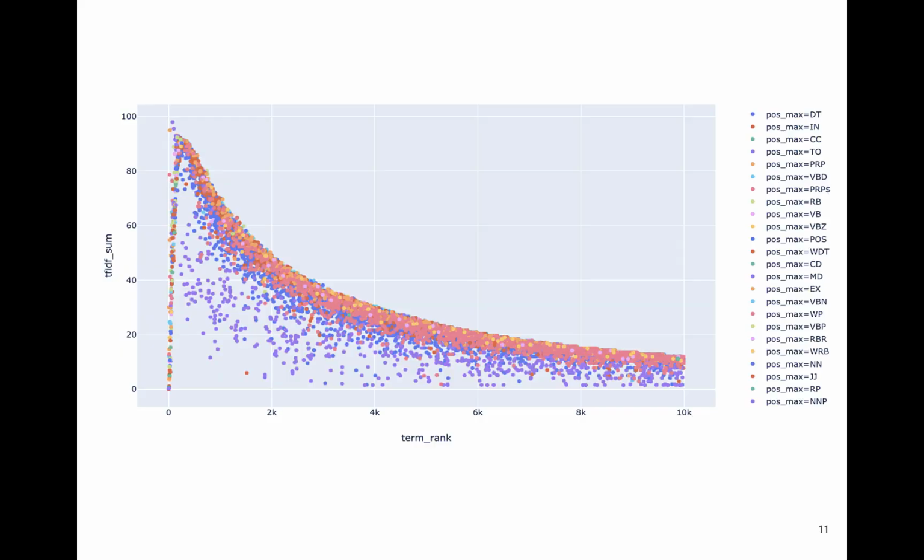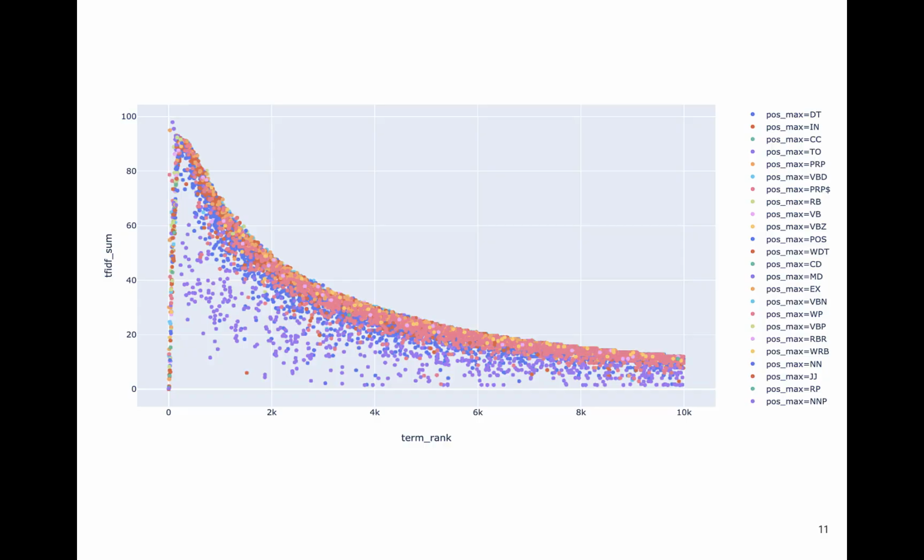Here's a distribution that I think is kind of interesting, showing this TF-IDF summary versus term rank. And here we see how this measure might be a candidate for that significance curve that we're looking for. And what I've done here also, just as a bonus, because I think it's interesting, is I've colored the dots in this visualization based on the part of speech.